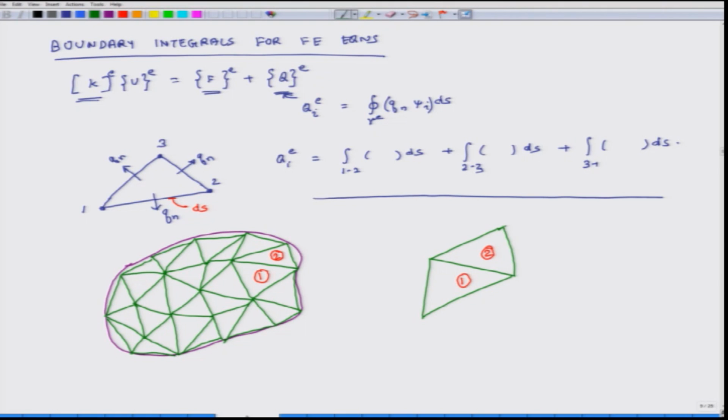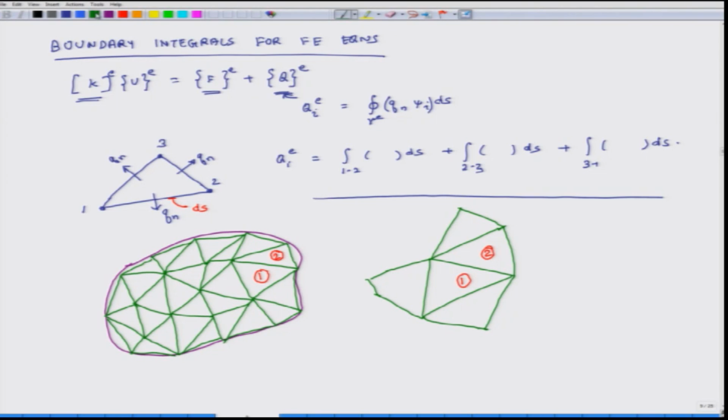Element 2 has two neighbors. Element 1 has neighbors on all three sides. So, element 1 is surrounded by elements all around it, while element 2 is surrounded by elements only on two sides; the third side is exposed to the outside.